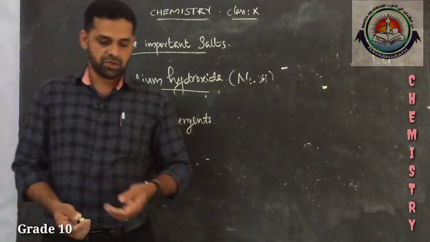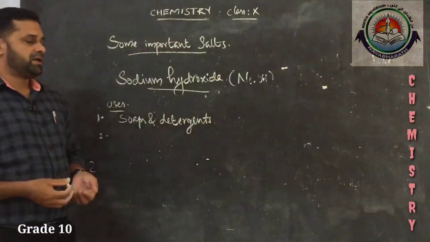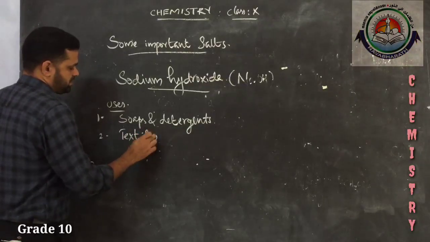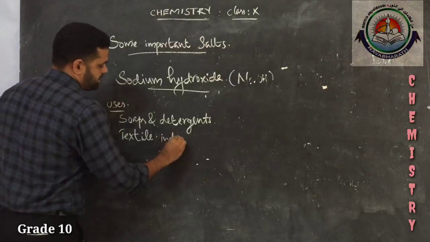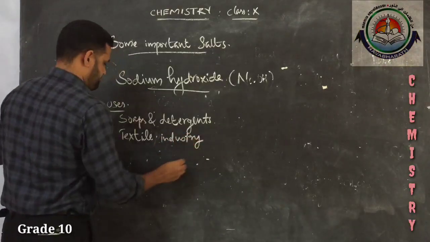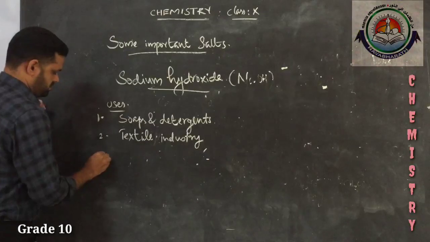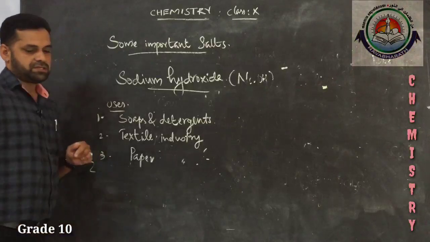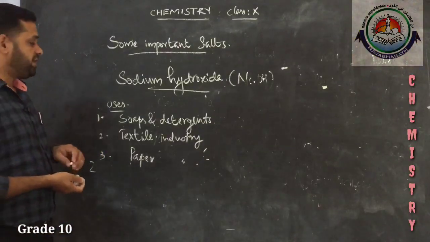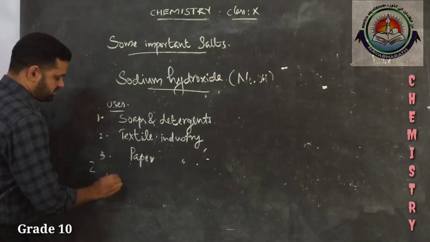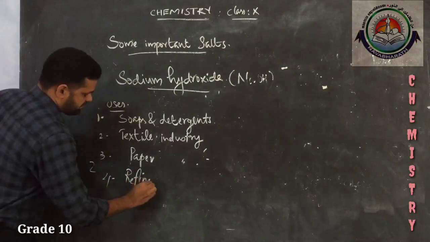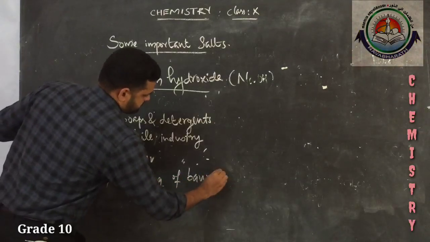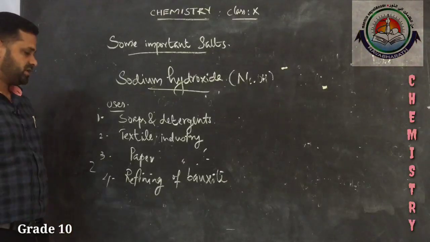Another use of sodium hydroxide is in the textile industry and paper industry. It is also used in the refining of bauxite.